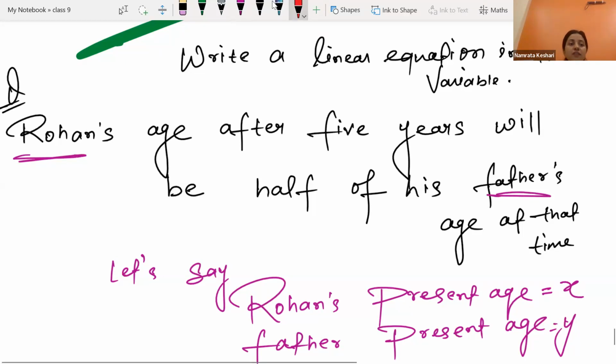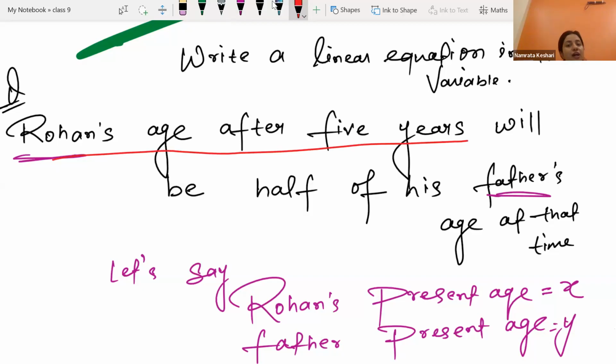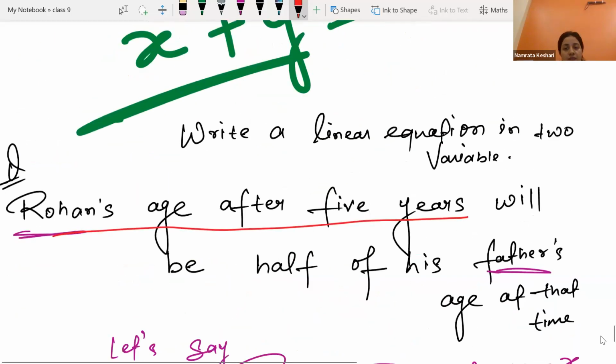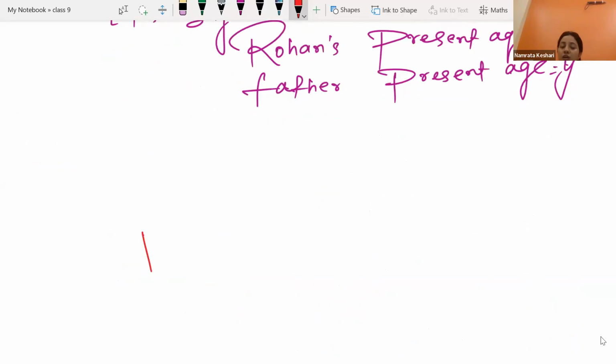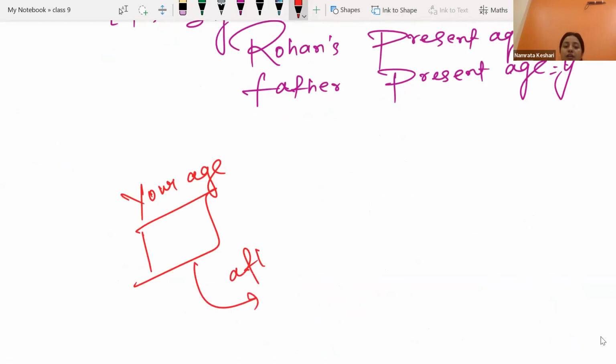Now we have taken the assumption in present. Now we will read the question: Rohan's age after 5 years. After 5 years, can we say Rohan's age will be x plus 5? Whatever is your current age, just think of your age in your mind. Can we say after 1 year, your age will be x plus 1?